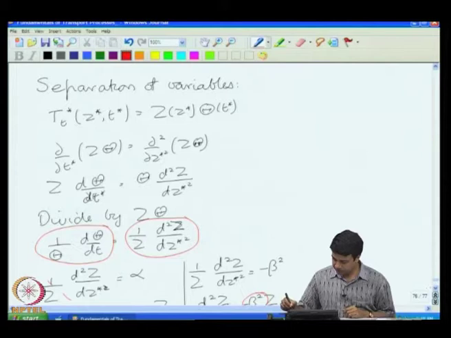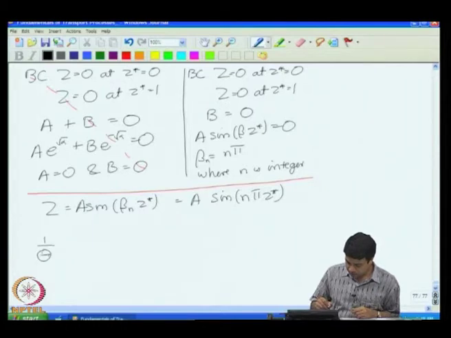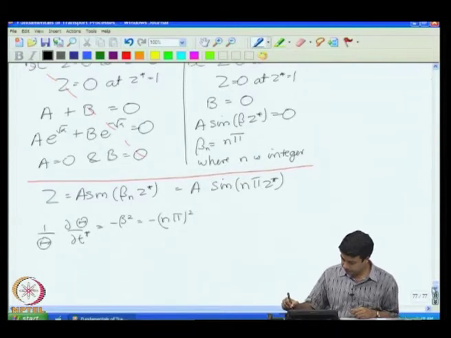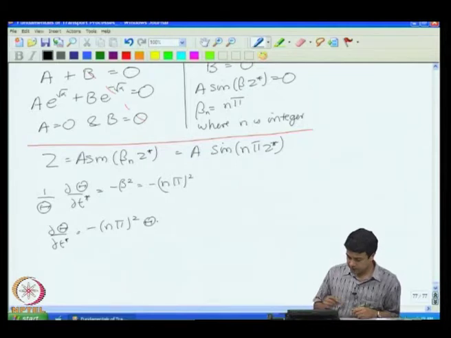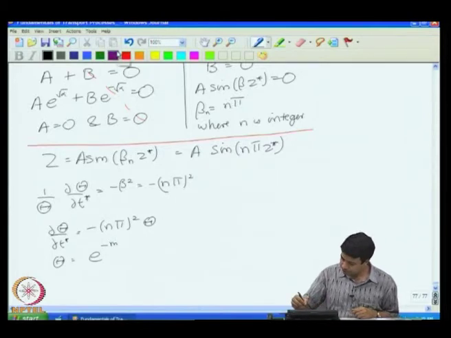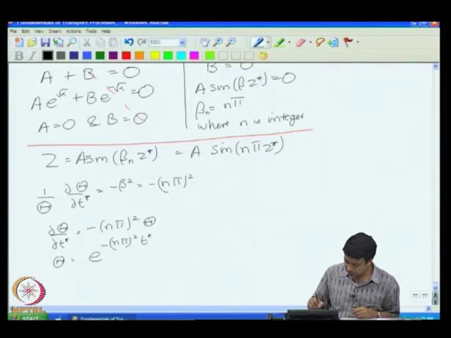Therefore, I can solve for the second part of the equation. 1 by theta d theta by dt star is equal to minus beta square, which is minus n pi the whole square, or d theta by dt star is equal to minus n pi the whole square theta, or theta is equal to e power minus n pi the whole square times t star.